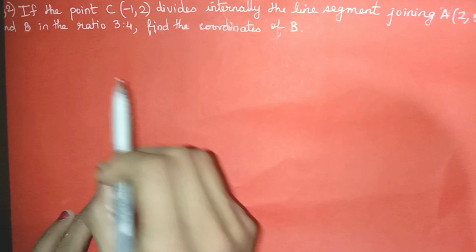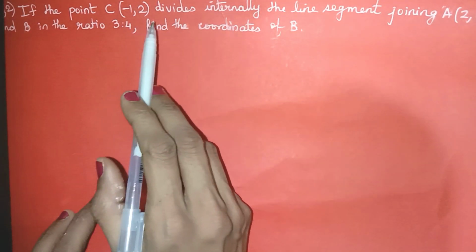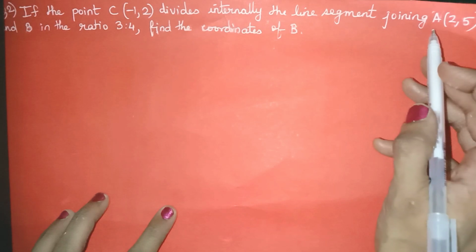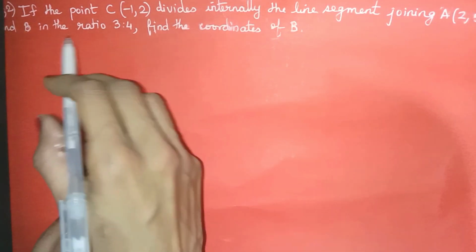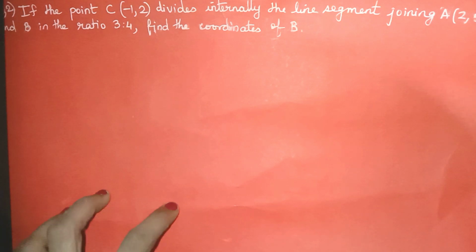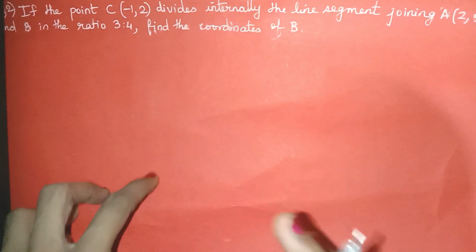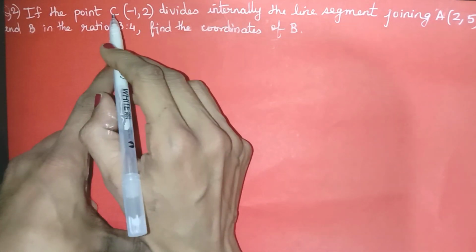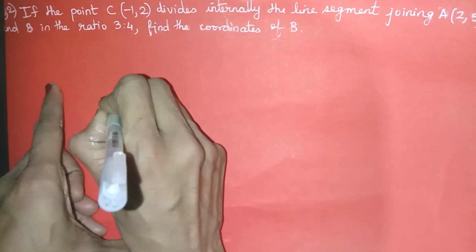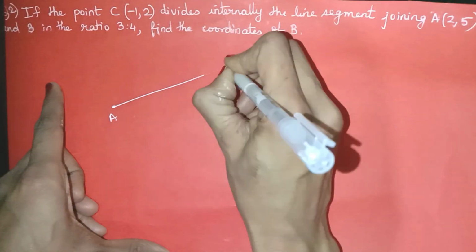So friends, here is the question. If the point C (-1, 2) divides internally the line segment joining A (2, 5) and B in the ratio 3:4, we have to find the coordinates of B. So again, let's draw the diagram. Okay, so we have point C which divides the line segment AB. So my line segment is AB.